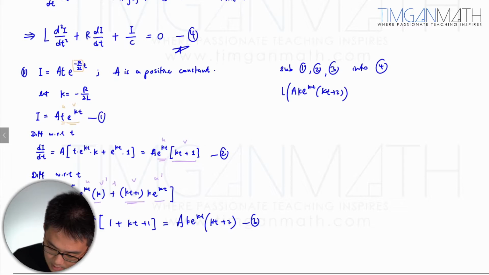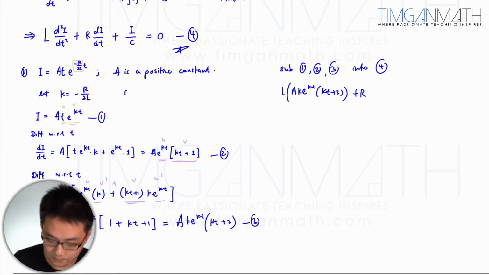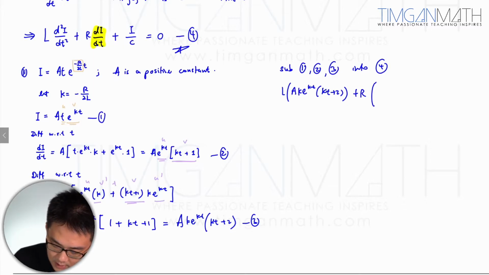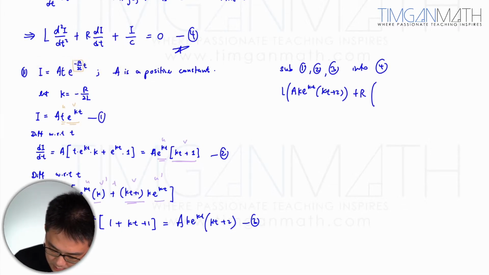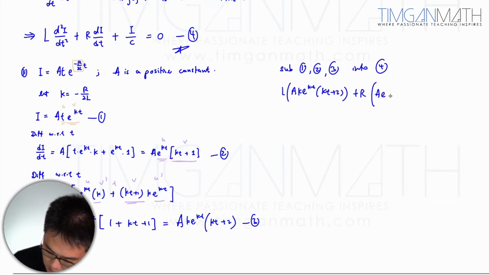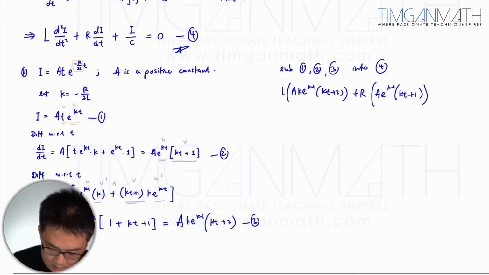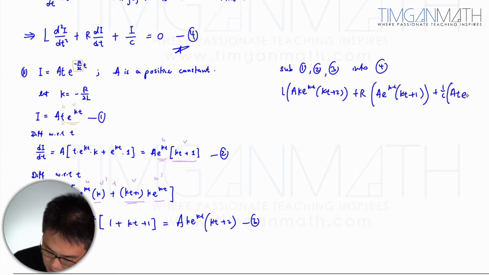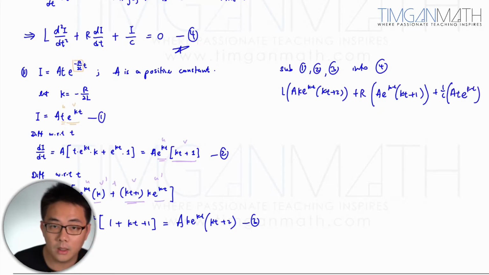Then this is 3, right? Then plus R. So we're going to have R dI/dt. dI/dt is A e^(kt)(kt + 1). Then plus 1 over C times I, which is A t e^(kt), equals 0.